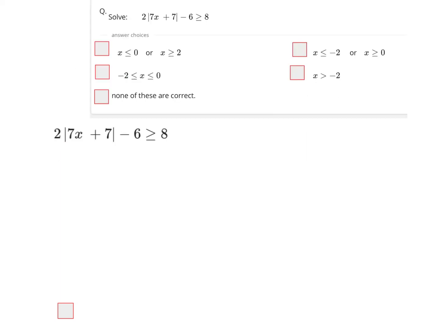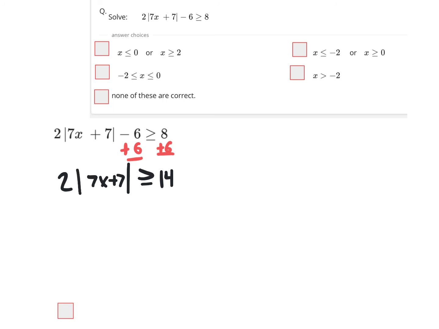So I rewrote the problem down here to make it a little easier for us and to have some space to work. I want to get rid of that -6 first by adding 6 and adding 6. So my new absolute value inequality will be 2 absolute value of 7x plus 7, close absolute values, greater than or equal to 14.